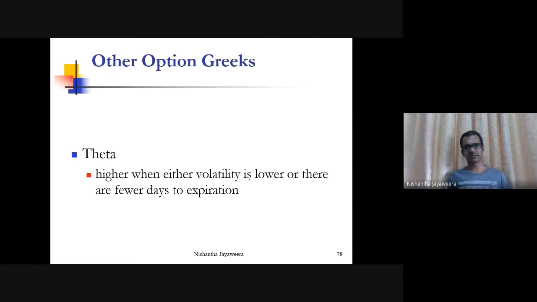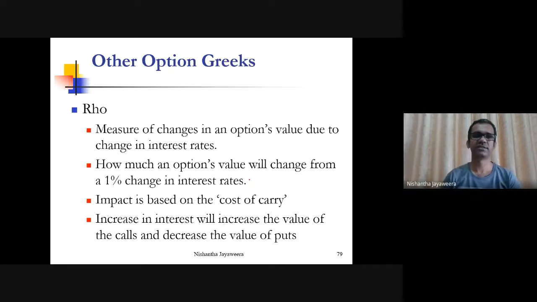But then time matters. So the time will have a higher sensitivity. Therefore, when the volatility is low, theta is high, or when it is very close to maturity, then the time factor matters. So therefore, theta is high.